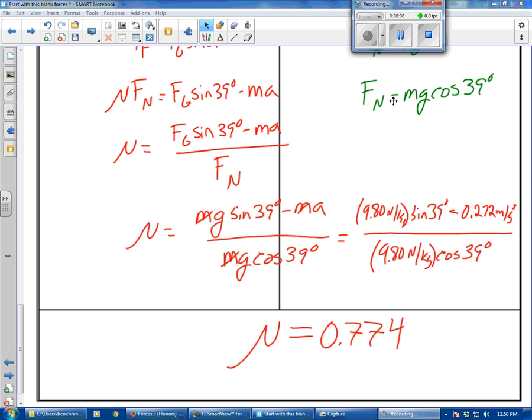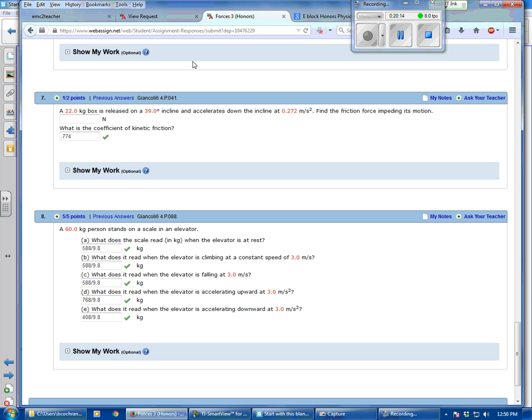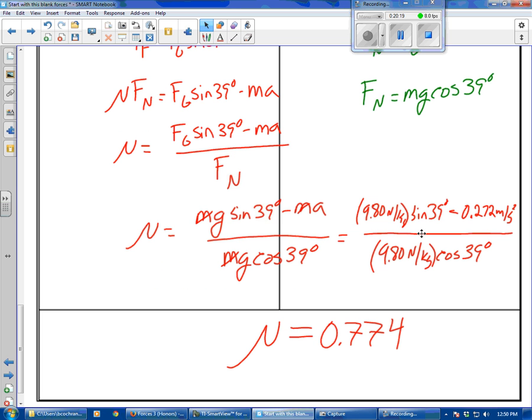Alright, so what I just realized by flipping back to the problem was that it first asked, what is the friction force impeding its motion? Funny, when I did this in one of the other blocks, I think it was A block, I forgot to go this far.